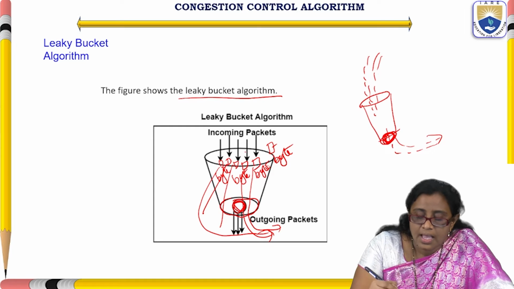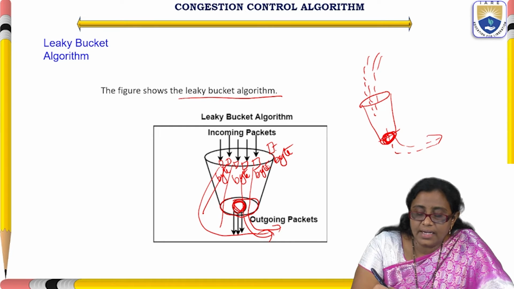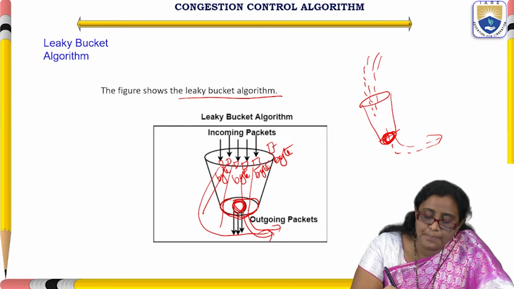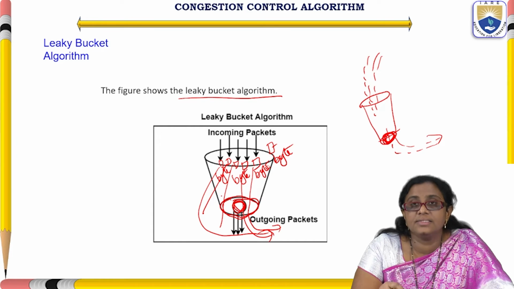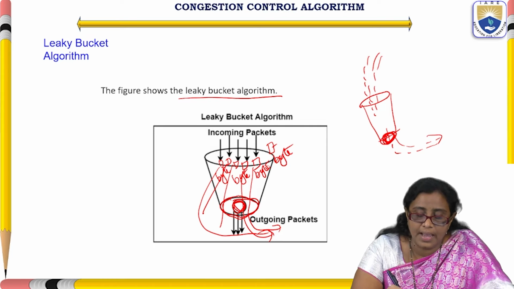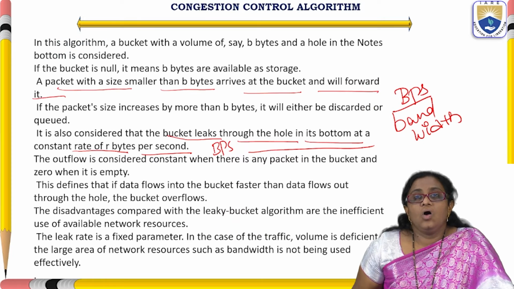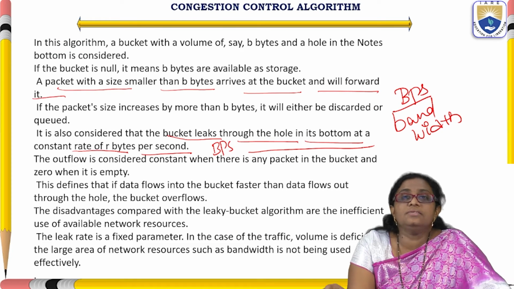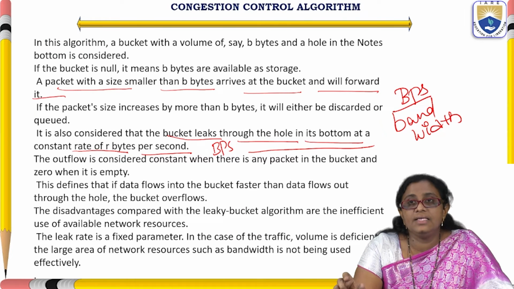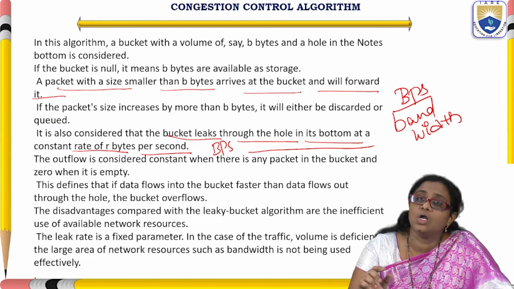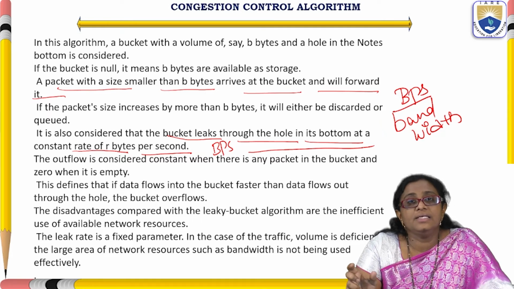Whenever the data packets come and fill this bucket, it would later be empty. So this illustration says the outflow is considered constant when there is any packet in the bucket, and 0 when there are no incoming packets arriving, the bucket is empty.